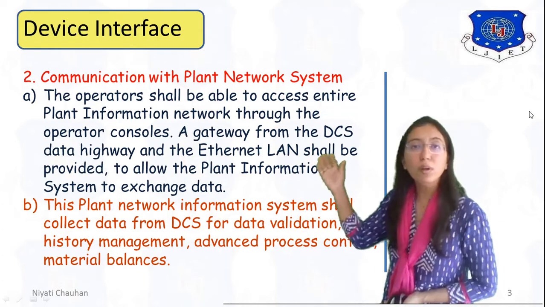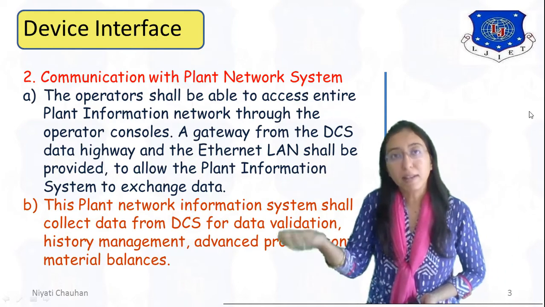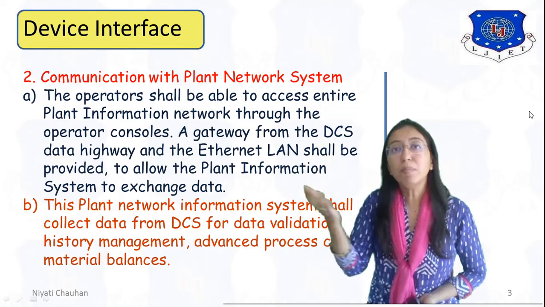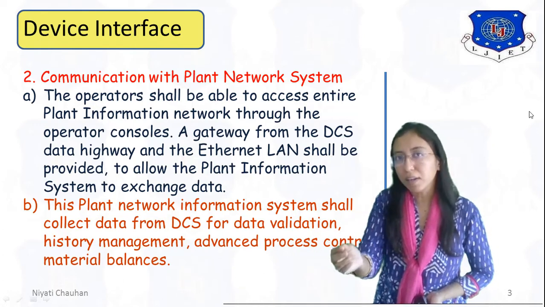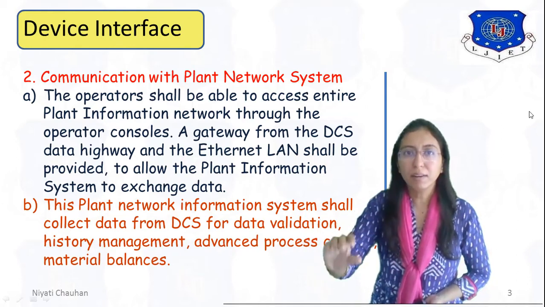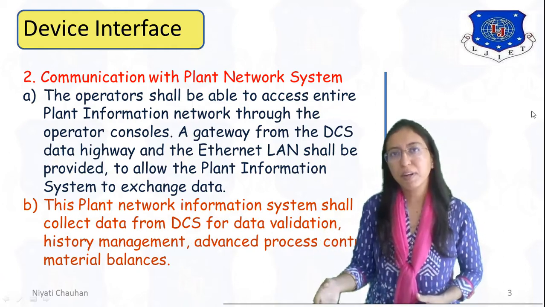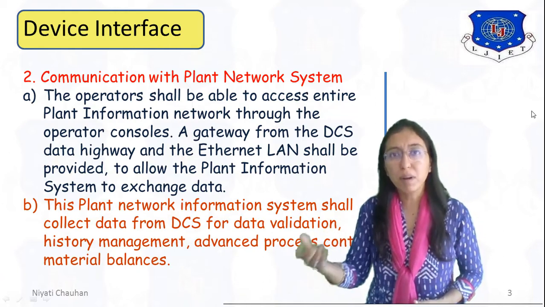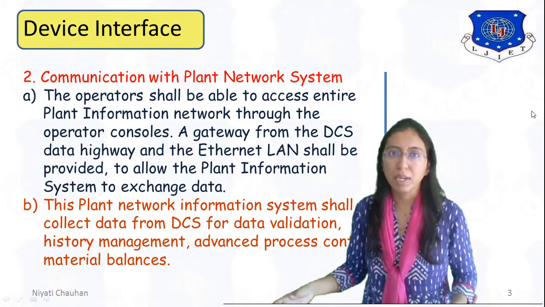Here we told that operators are able to access entire plant information. Okay, so here we are connecting Ethernet cable, then gateway. So by using different cables and different buses, we connect the whole system.